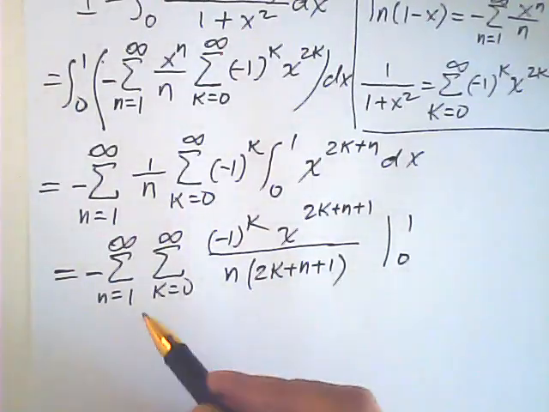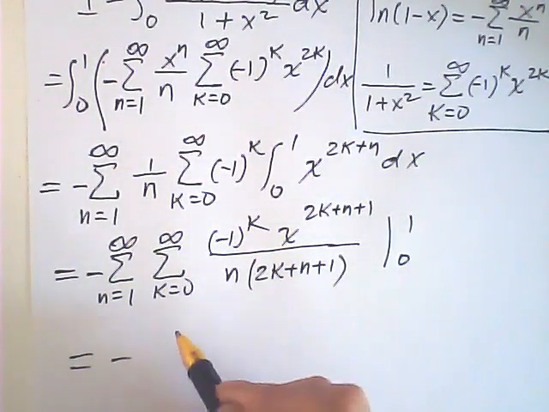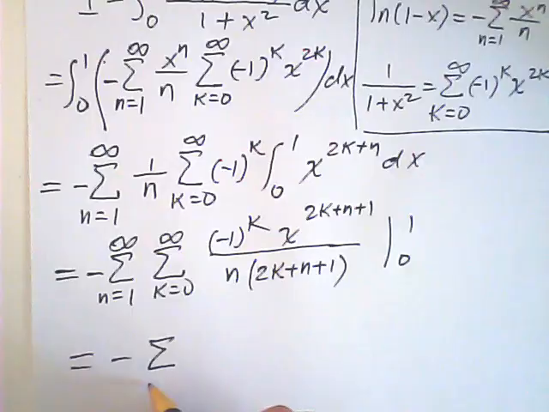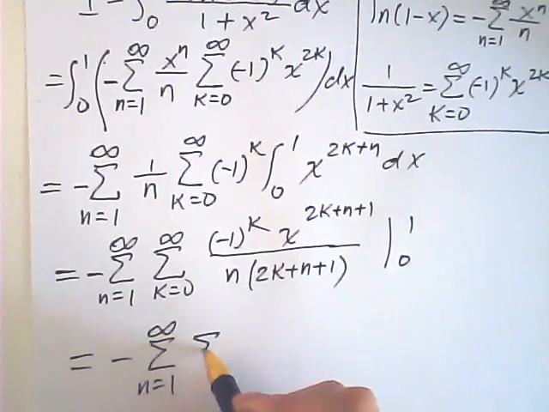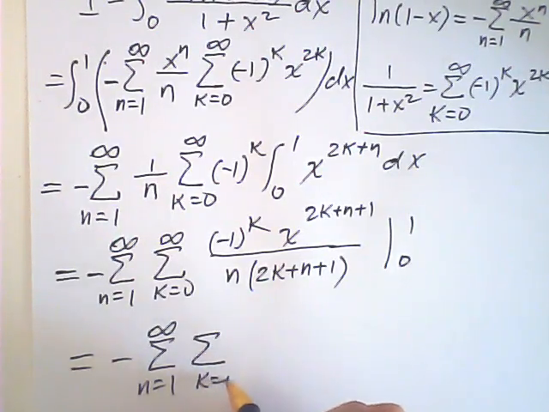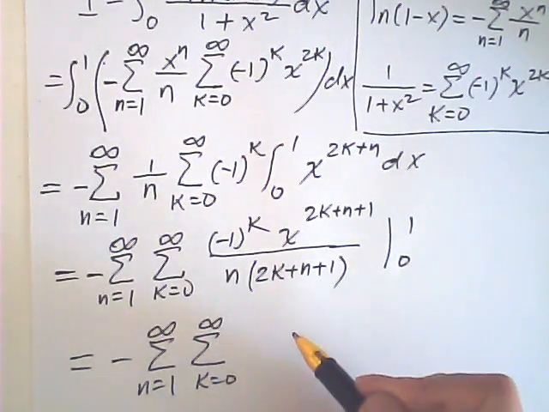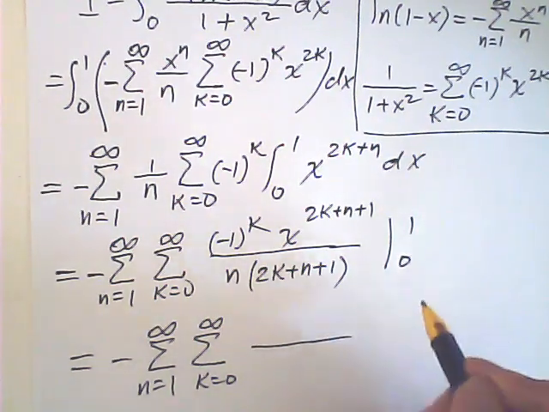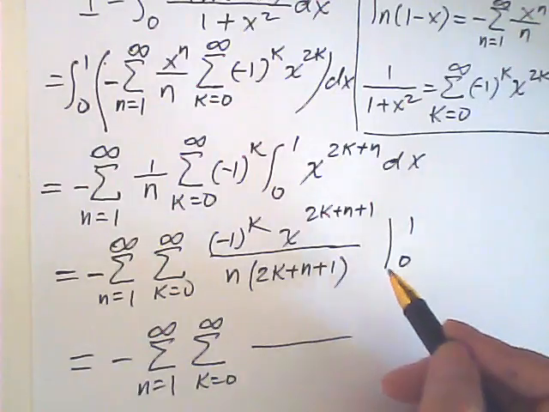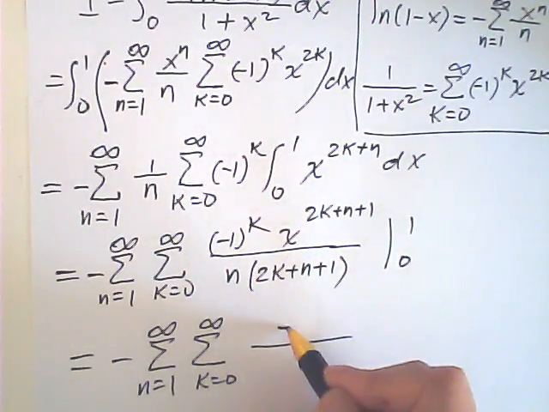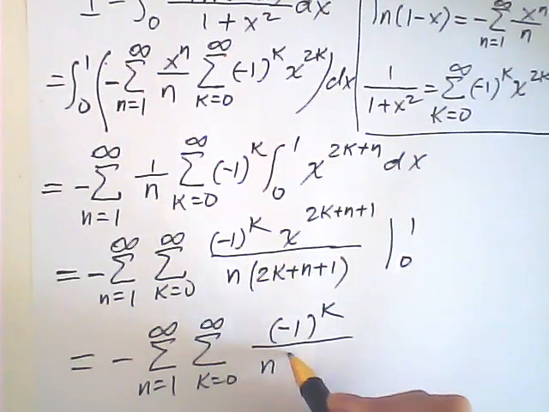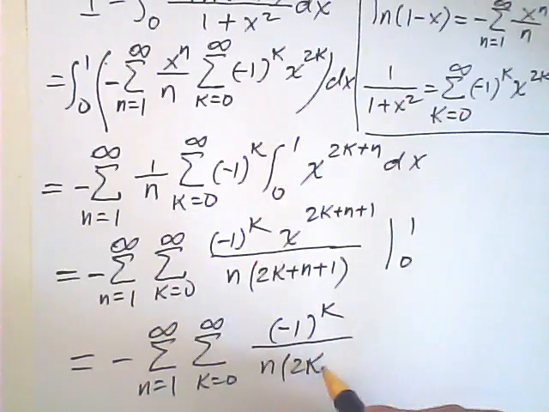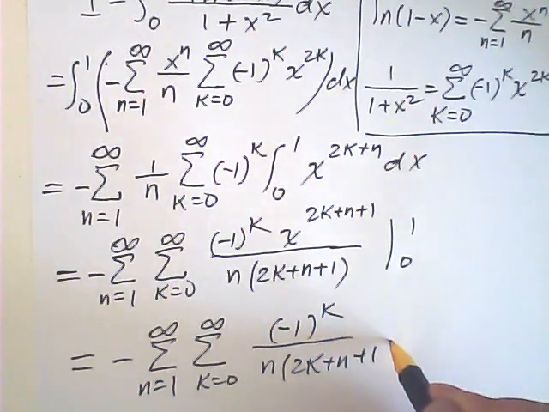Wow. So we get this, and this is 1 minus 0, right? So this is minus 1 to the k over 2k plus n plus 1.